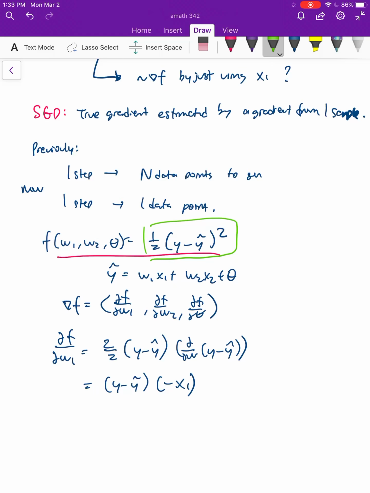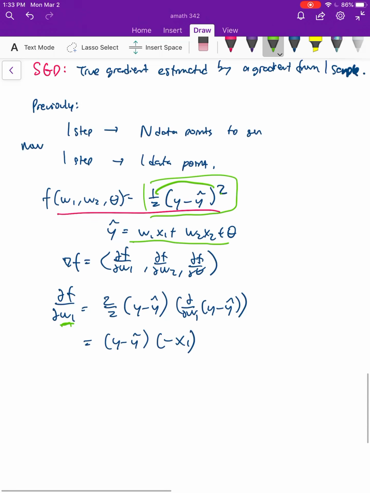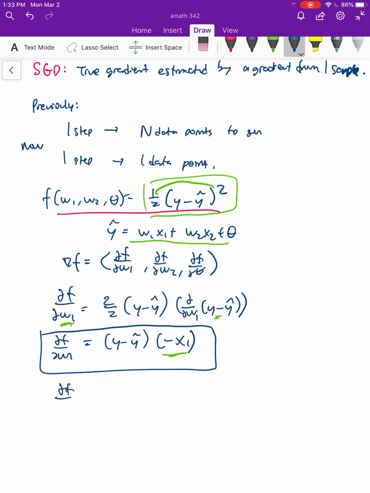You start with this, and you're differentiating with respect to w1. By chain rule, you take the 2 out, and then differentiate the inside with respect to w1. y tilde is defined like so, and the only w1 term is w1 x1, and when you differentiate that you get x1, and there's a minus here because there's a minus here.